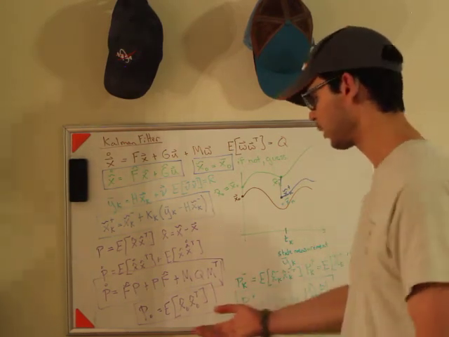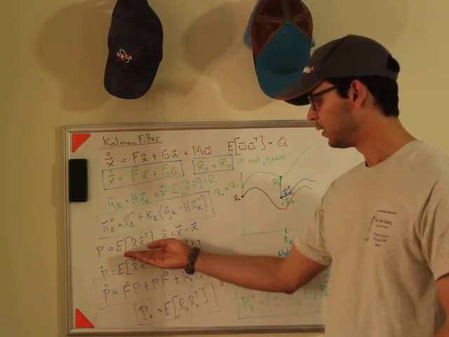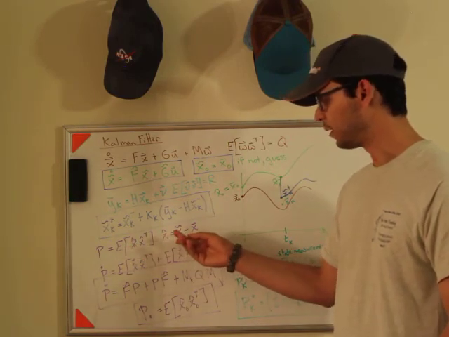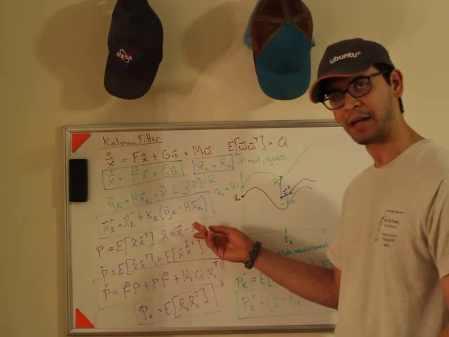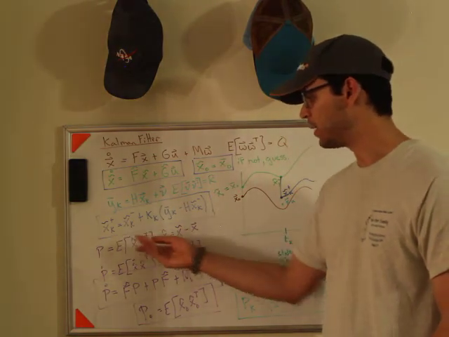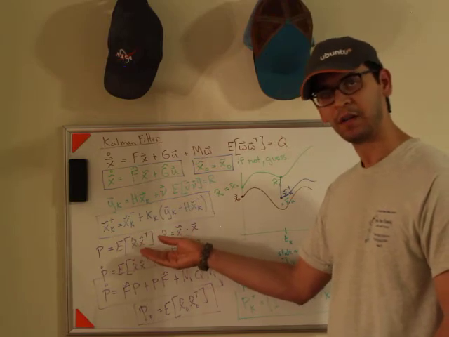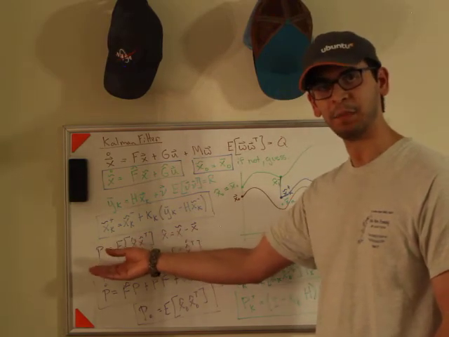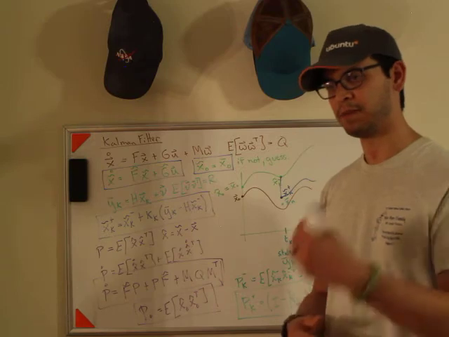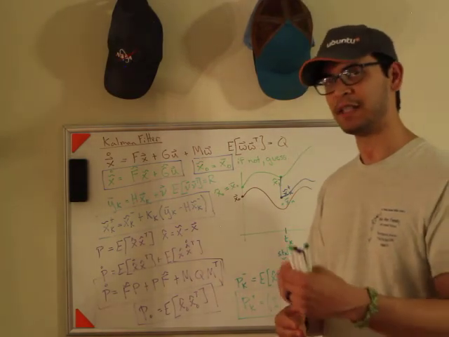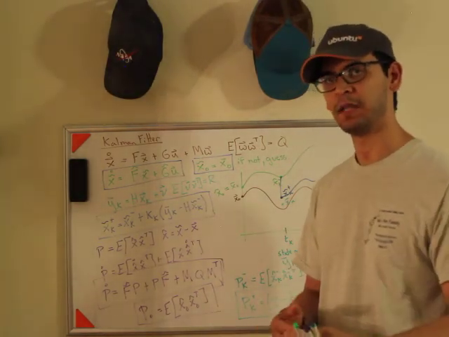The cost function that we're going to use is P. Because x hat is my estimate minus my actual, I want to minimize the expectation of my error, or basically minimize P. And it turns out if you minimize the trace of P, you also minimize P itself.